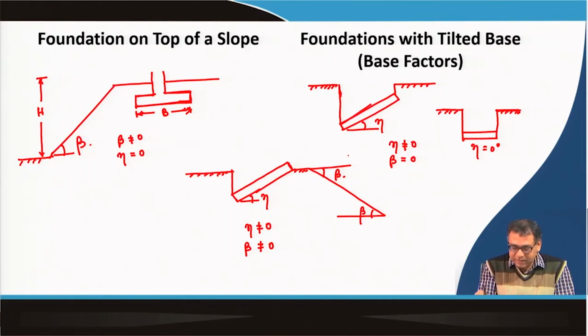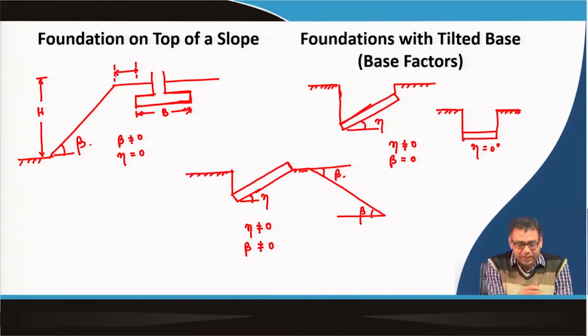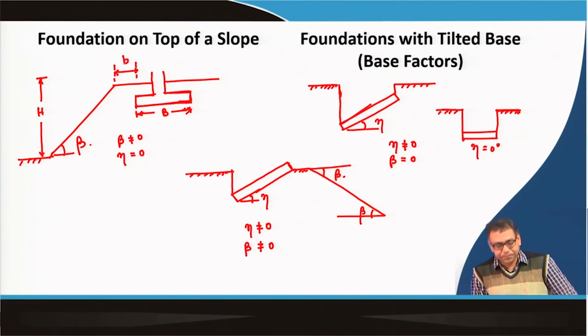These two are the suggestions by Hansen and Vesic, where the foundation is on a slope and the base is tilted. Meyerhof also made a suggestion, and he has incorporated the effect of the distance of the footing edge from the slope edge, which is called small b.